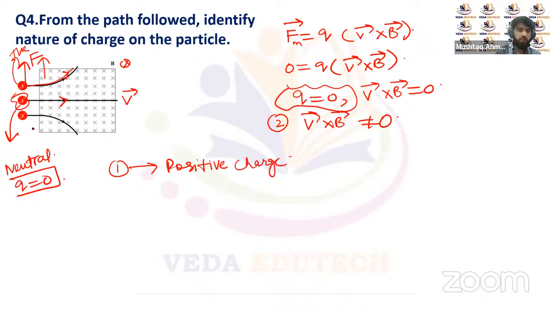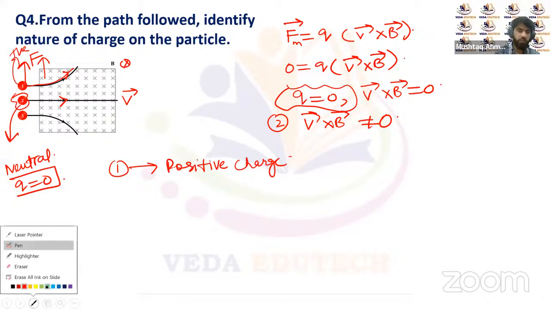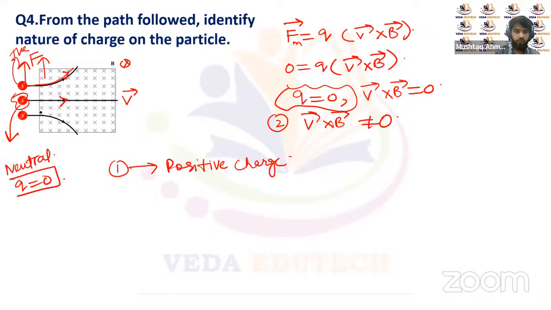Now, similarly, talking about the third particle, the deflection shown by this third particle is along this direction. So it means that the magnetic force has to be along this direction, but the direction of V cross B is along this direction. So the net direction of that force will be in the downward direction only if the charge on this particle is a negative charge.